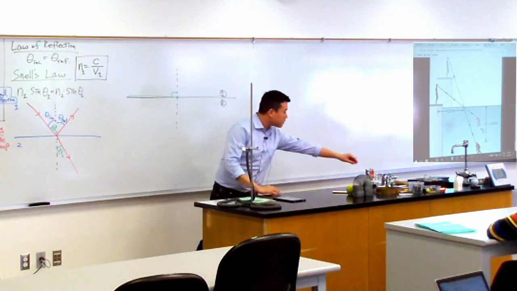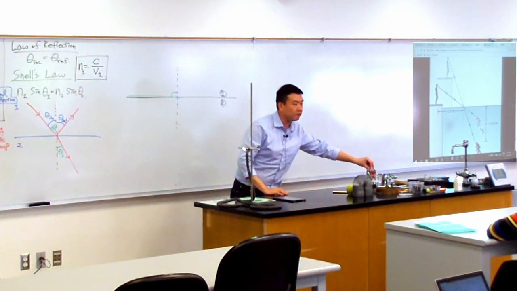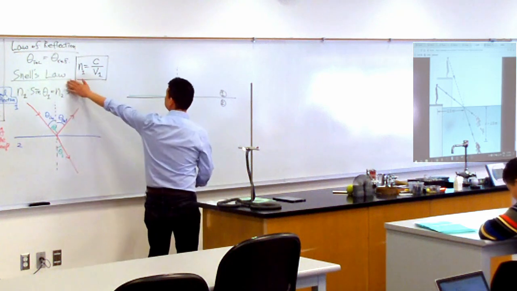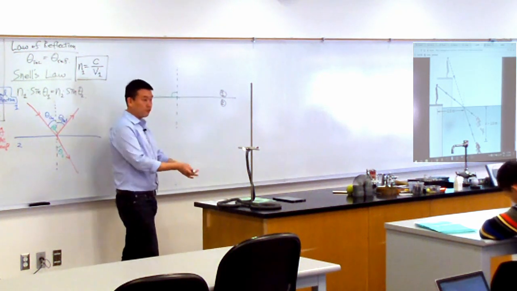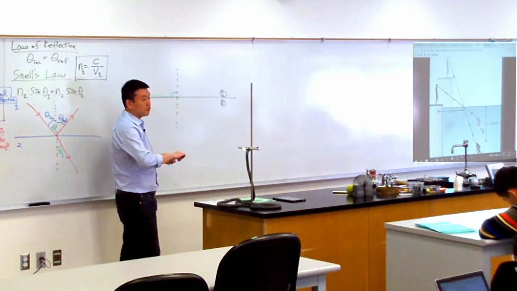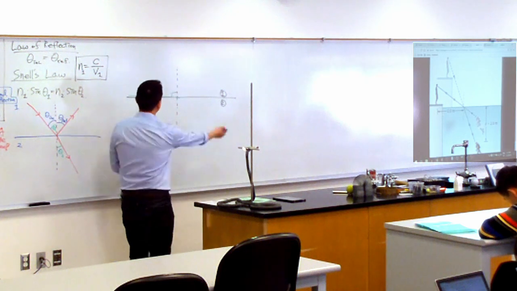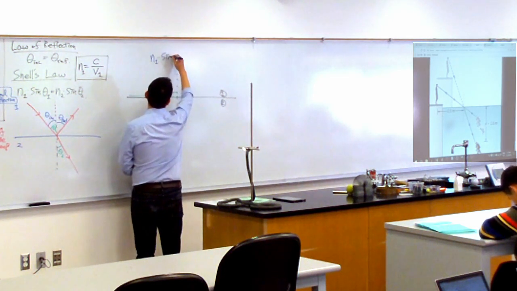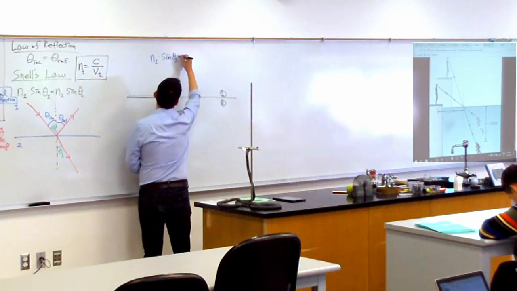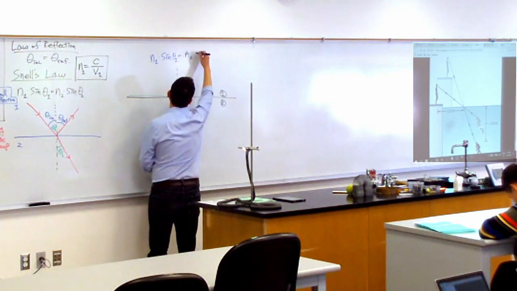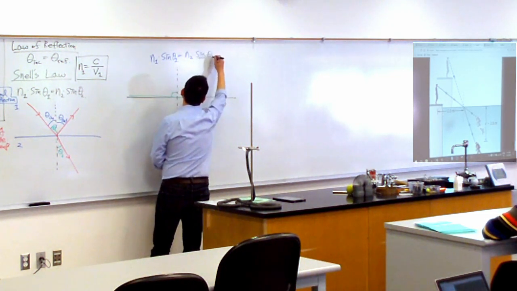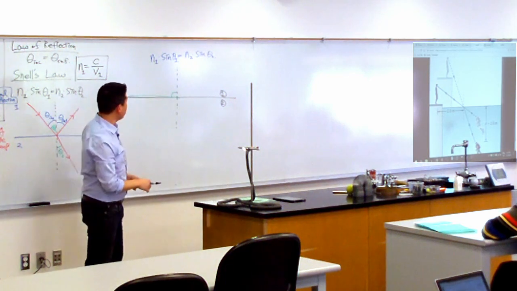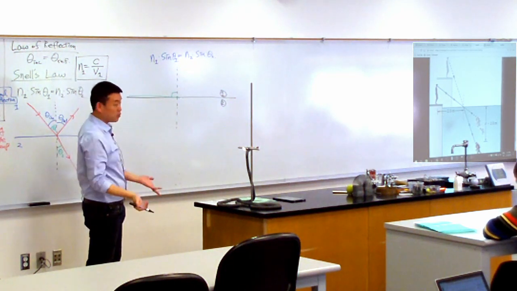So here, we're going to start out with that. What we can rely on is that Snell's law is true. We even derived it last time looking at the wavefronts. So we start out with that: n1 times sine theta 1 is equal to n2 times sine theta 2. Let me make this a little bit more realistic and give you actual numbers.